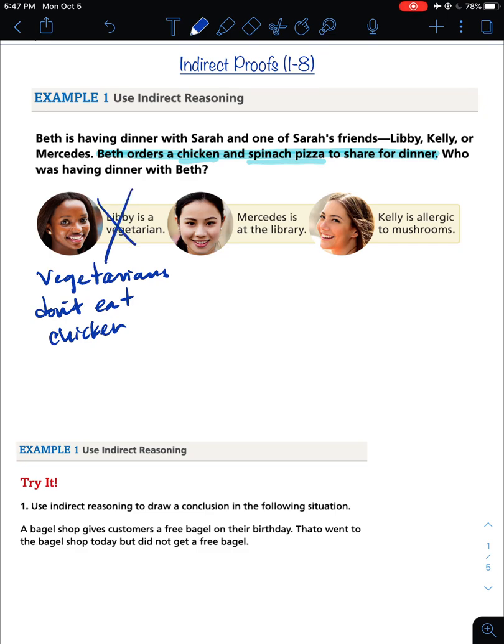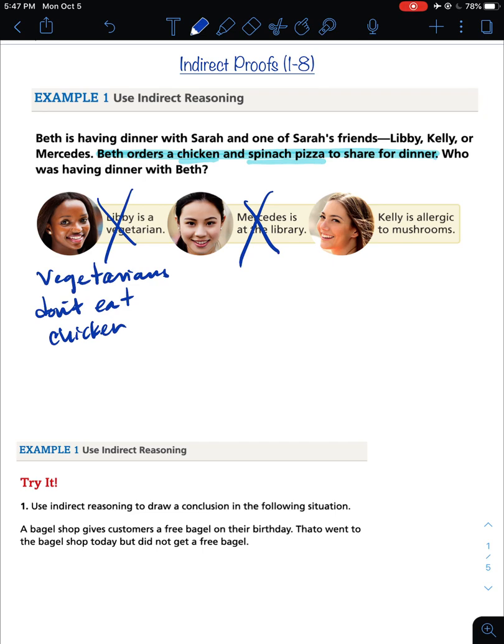Mercedes is at the library, so she probably can't be in two places at once. If she lives in the world of Harry Potter and has Hermione's little device, maybe, but let's assume that's not true. So it can't be Mercedes.